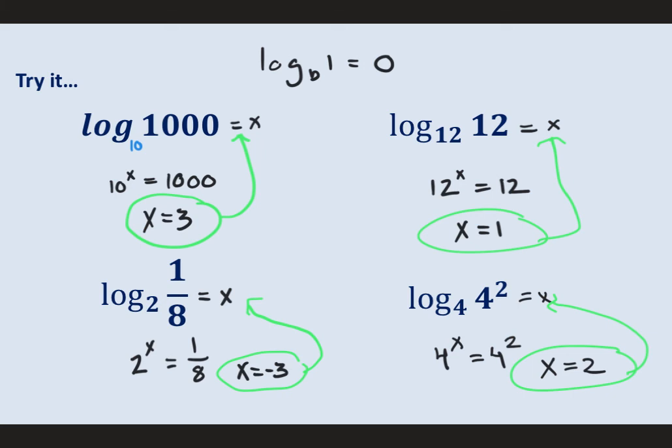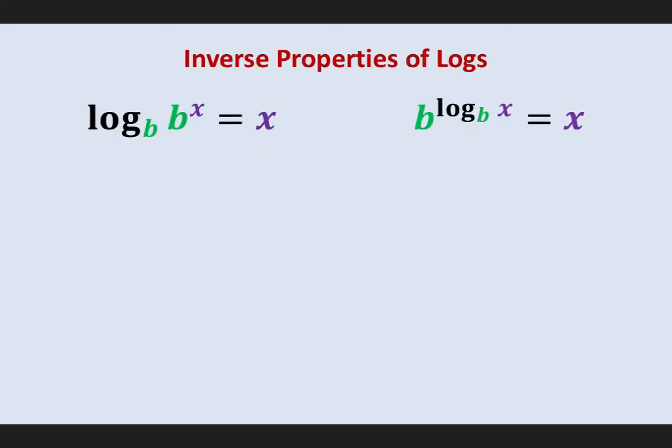All right, one last little thing here, and we kind of saw that with the second to last example before I was talking about that special case there, is this. The log base b of b to the x is going to be just x, or b to the exponent of log base b, x, is going to be just x. Logs and exponentials are inverses, right?